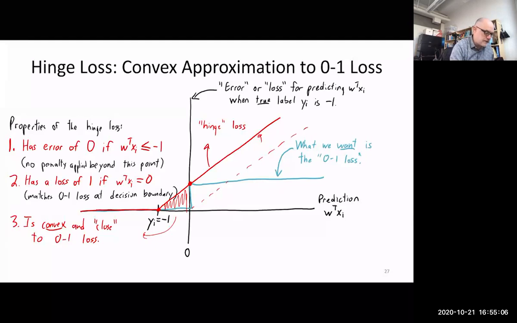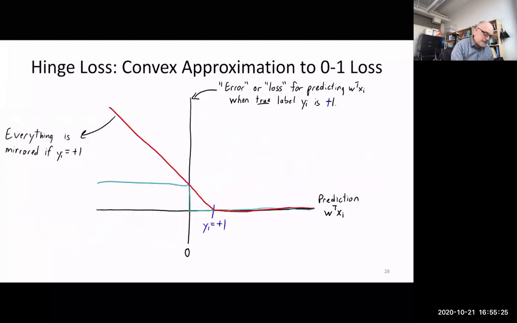There are lots of different words for it. It does penalize incorrect things linearly. That's fine. So big positive values are also not good, but you should note that this is happening. So it's really going to try to push negative examples like this. Same thing for positive examples. If you flip this, if you just look at what the loss for predicting W transpose x_i is when the true label is +1, you get this plot.